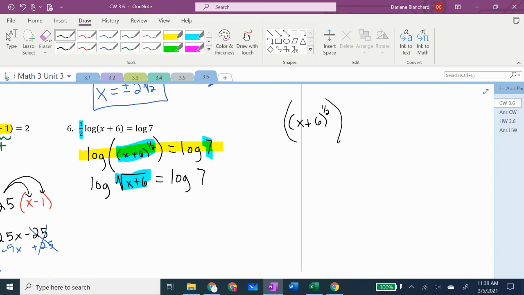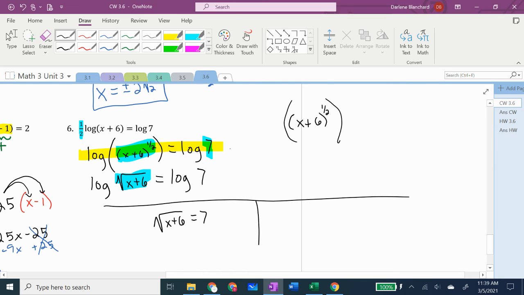Either way, you're going to end up with the same equation. So by simplifying as a square root first, I might see better where to go. But if I went ahead and just made the insides equal right there, then it might look like that.